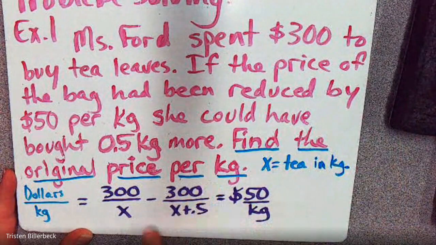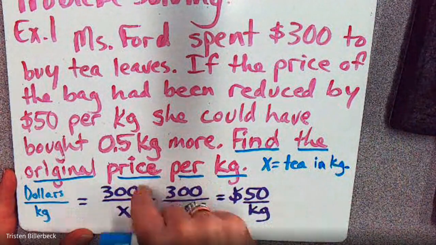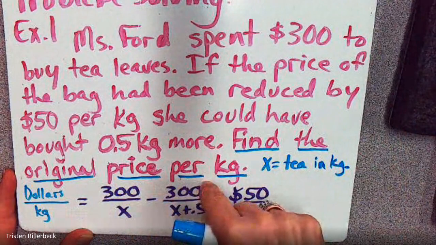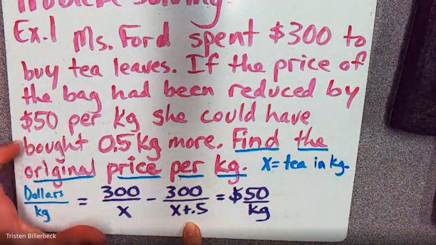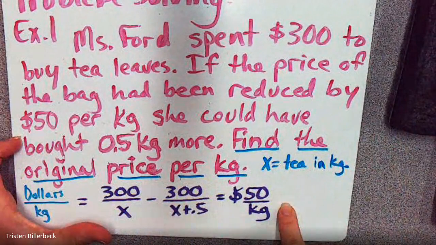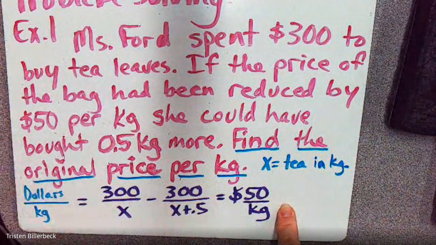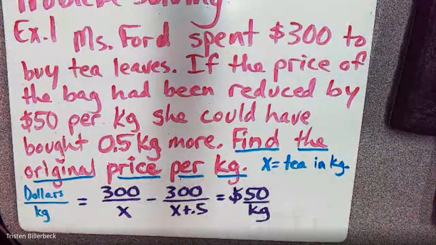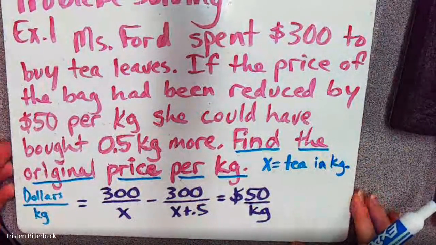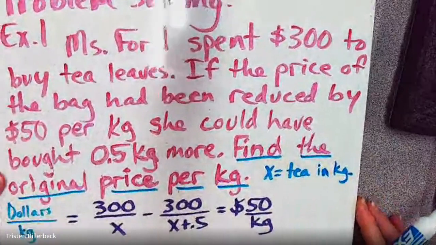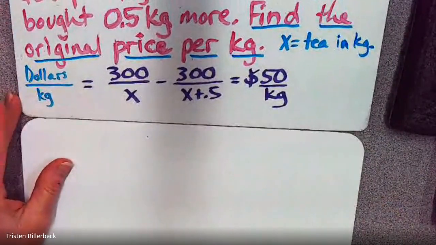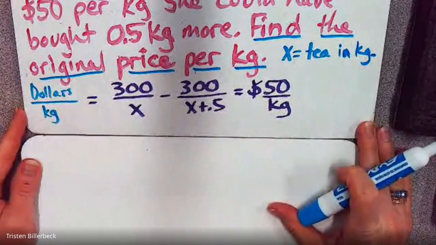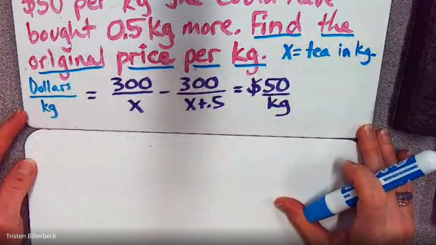So if I subtract this dollars per kilogram minus the reduced price dollar per kilogram, I would get $50 per kilogram because that was the difference between those two. All right, so now we do the math, the other math. I mean, this was hard enough to figure out how to set up, I agree. So let's figure it out.